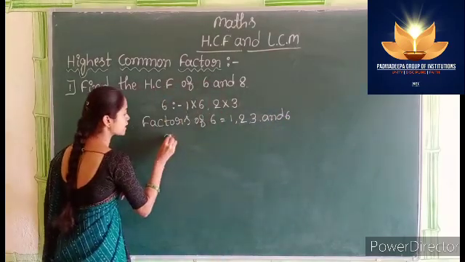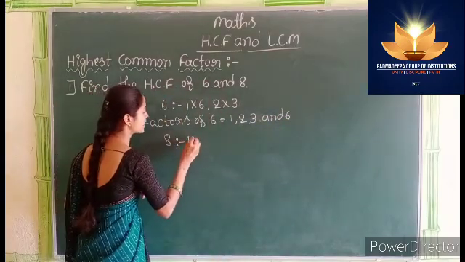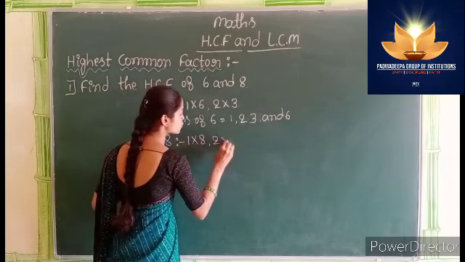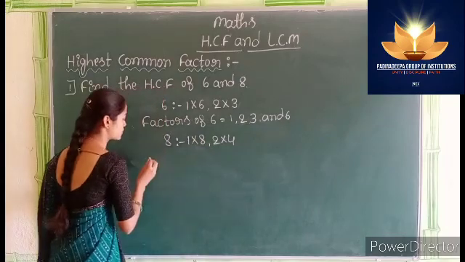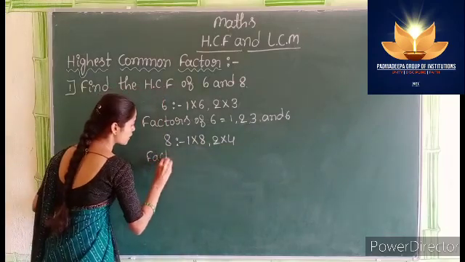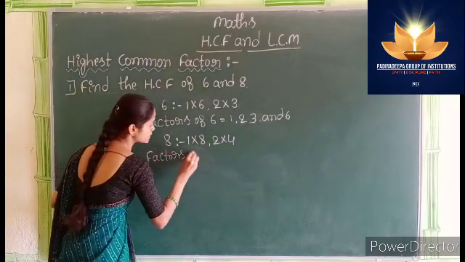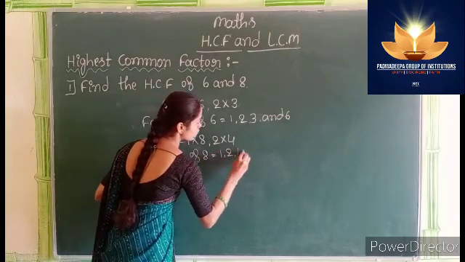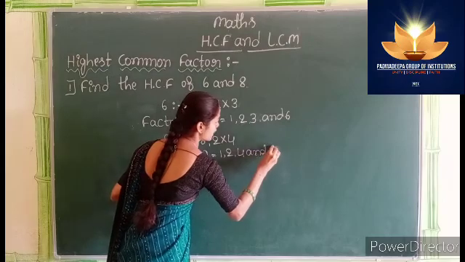Then factors of 8. 8 can be written as pairs of factors, that is 1 into 8 and 2 into 4. Factors of 8 are 1, 2, 4 and 8.